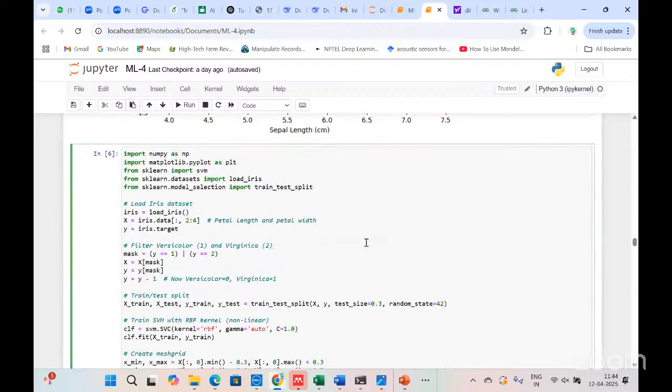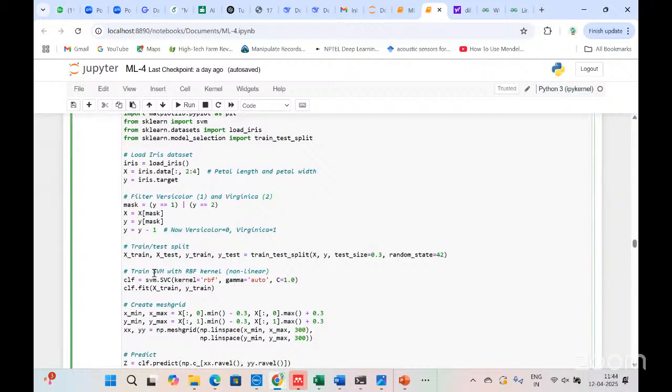Now we are executing the program for SVM with non-linear separable case. Support vectors, non-linear separable case. In this case, if we execute, we should get a boundary. Actually for SVM, we will get a boundary line with support vectors. Let us see whether we are getting a boundary line with support vectors or we are not getting a straight line, but we are getting support vectors or not.